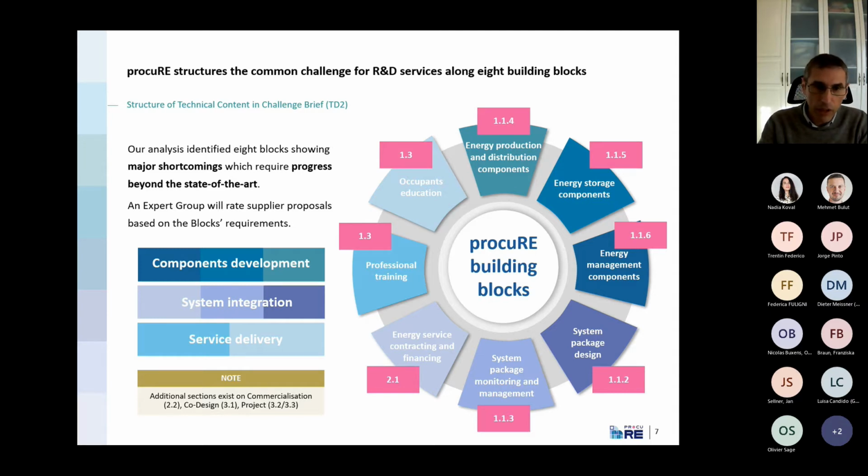But again, what we have identified is that retrofitting a building is not only simply changing components with more effective ones, more efficient ones. It also has to do with designing the system package in a proper way.